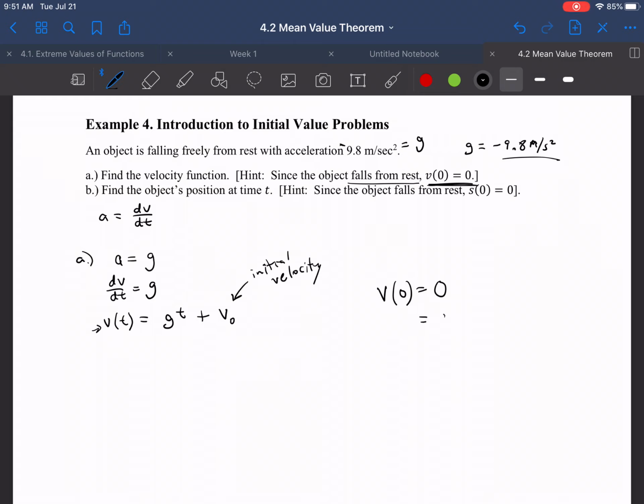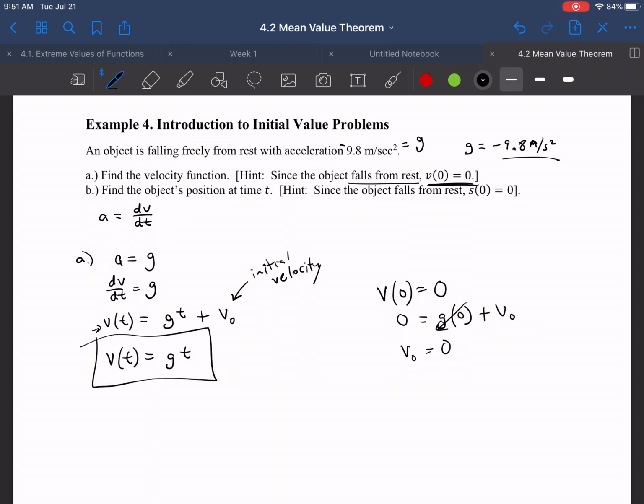That means that g times 0 plus v naught has to equal 0, because we said it equaled 0 right there, right? And so this g times 0, that means that our initial velocity also has to equal 0, which means it's gone, which means we happen to have the case where our vertical shift is nothing, and that's our final answer.